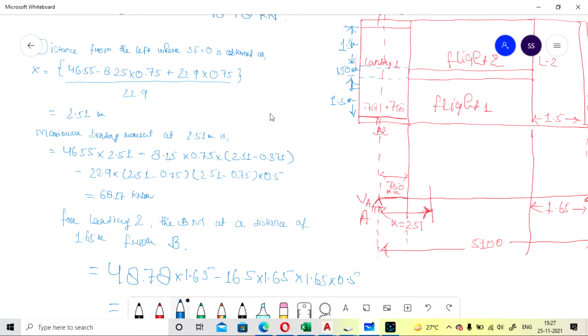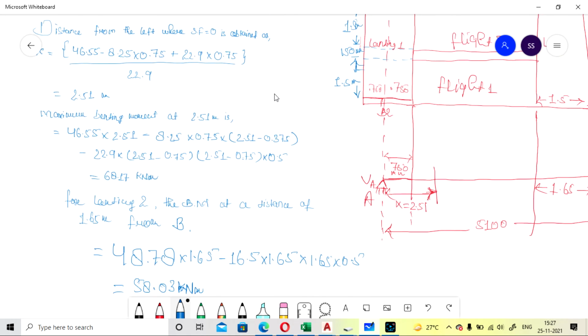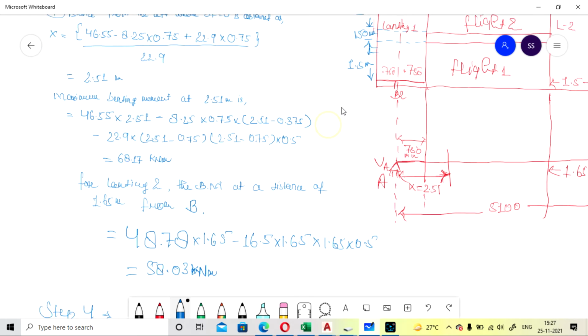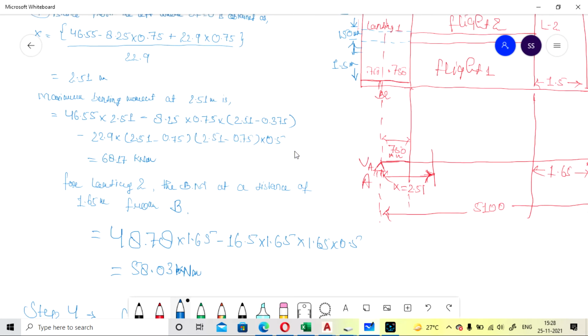From A point. Now for calculation of maximum bending moment at 2.51 meter from left side: 46.55, that is the VA, multiplied by 2.51, this distance. See, it is clockwise, so we can take it positive. For anti-clockwise we can take negative.